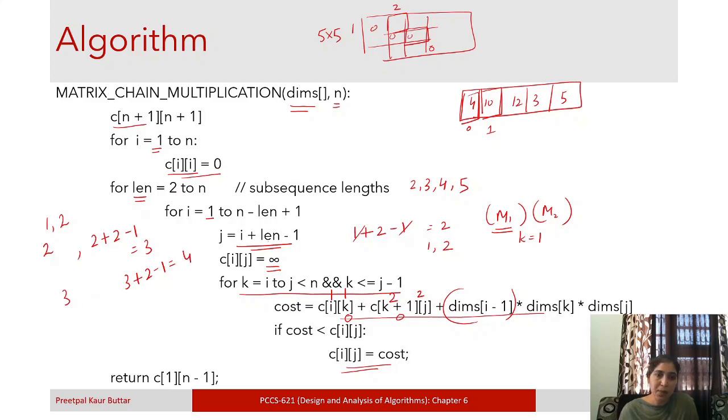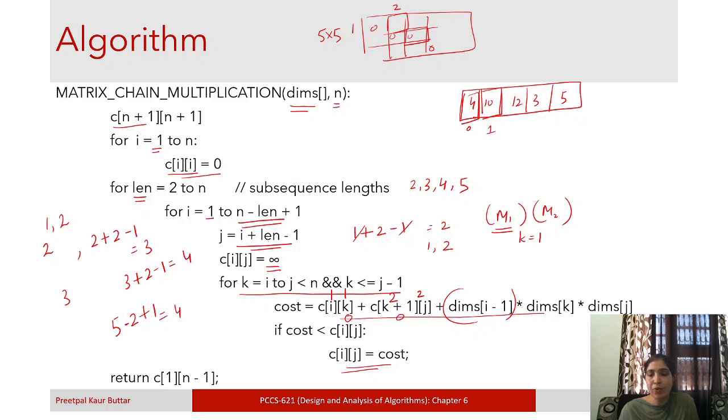So 3 comma 4, like this we are going diagonally. i will vary till n minus length plus 1. What is n? n is 5, minus length, and this length variable is 2, plus 1. So 5 minus 2 is 3, plus 1 is 4.